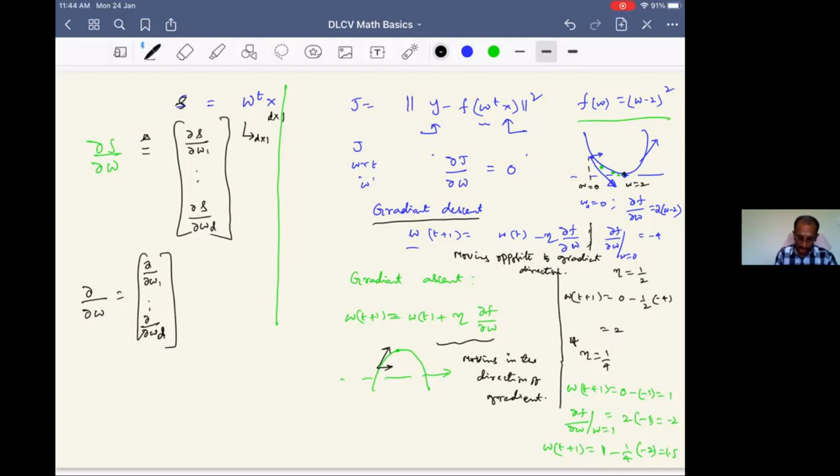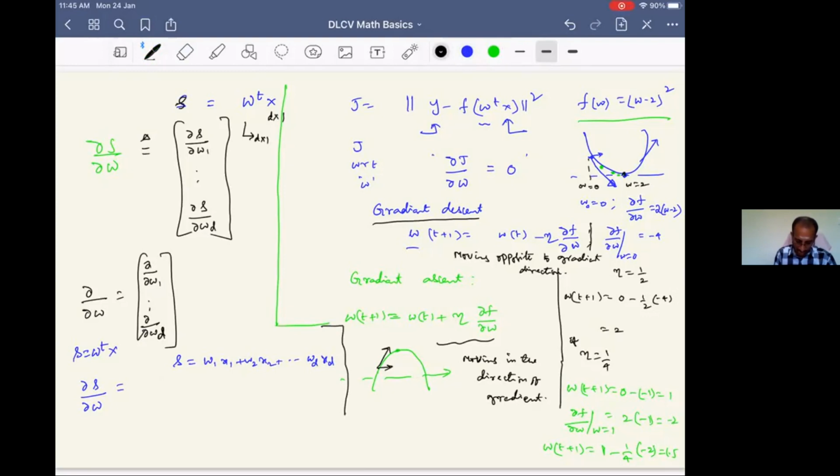So now I would like to explicitly find ∂S/∂W in the case where S is equal to W transpose X. If you would like an intermediate step, S is equal to W1 X1 plus W2 X2 plus and so on up to WD XD. Is this fine? Right.